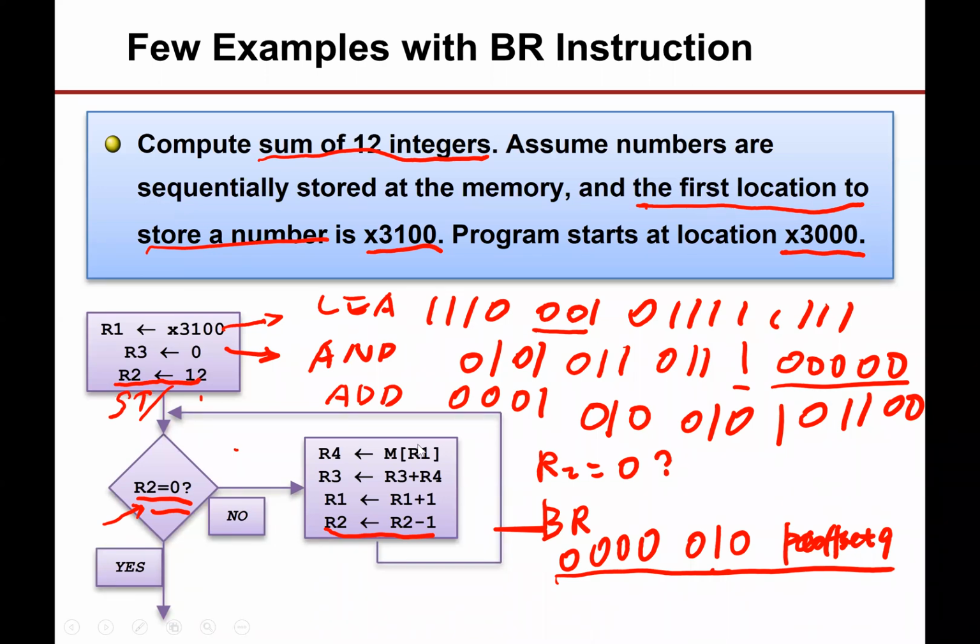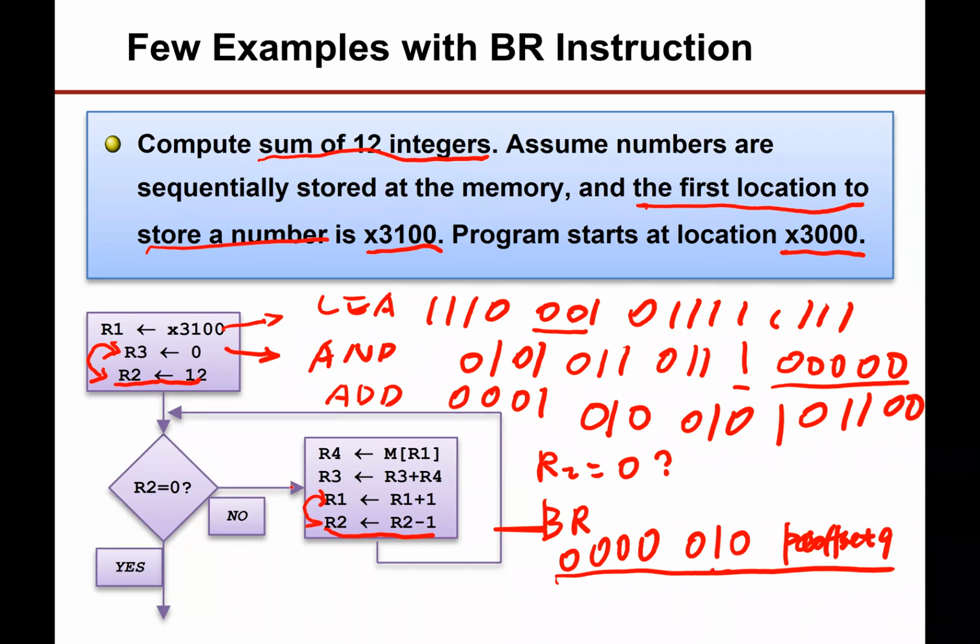So this one actually is the difficult part, because based on the branch instruction alone you don't know R2, right? It depends on the last instructions. So when you design this, for example here, you cannot change the sequence of R3 and R2.